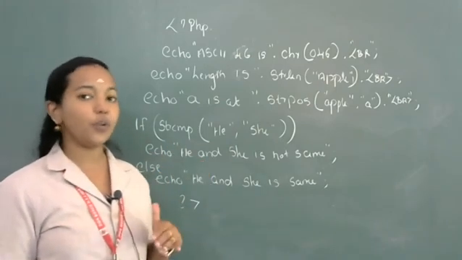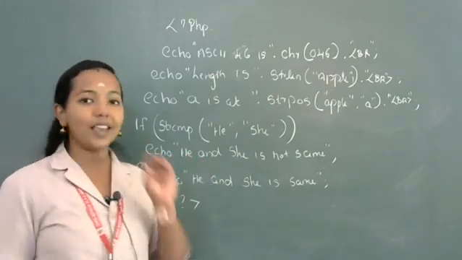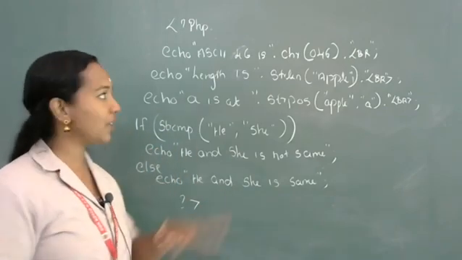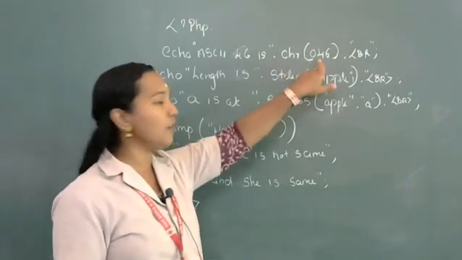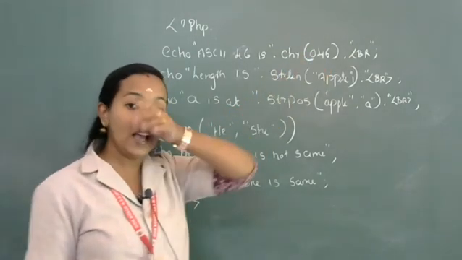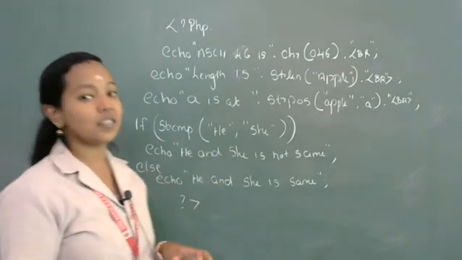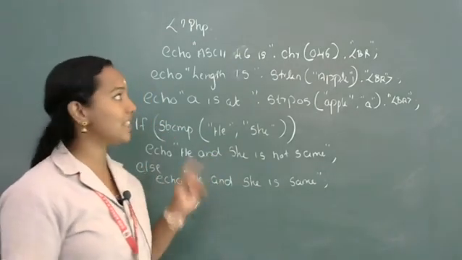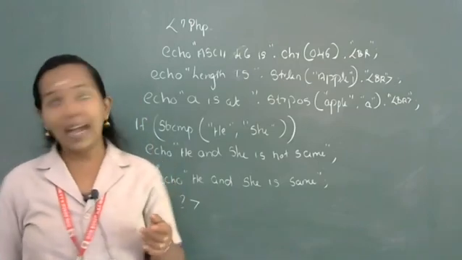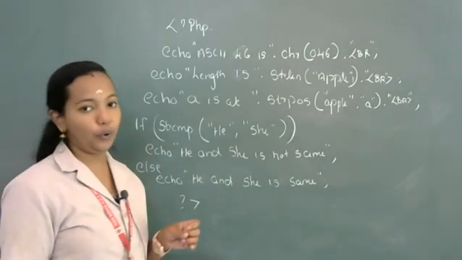So ASCII value 46 is equal to ampersand. When we write chr of 046, then what will be the answer? We will get ampersand as the result, because ampersand has the ASCII value 46.